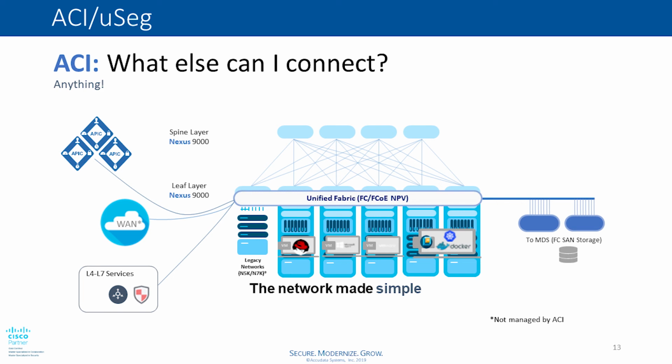Then I can have Red Hat or Docker containers, VMs from VMware, layer 3 or layer 7 services, my WAN connection to connect my data center to my campus network, and of course my cluster of APICs. So you can connect pretty much everything, and have everything handled by the APIC controllers in here.